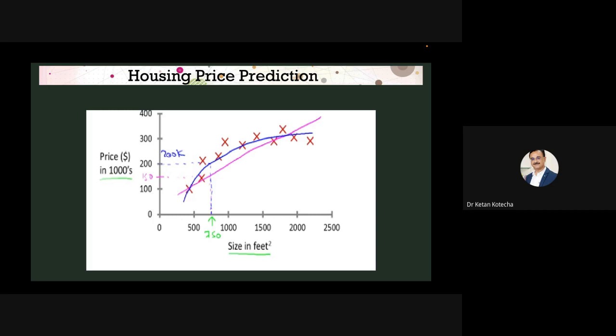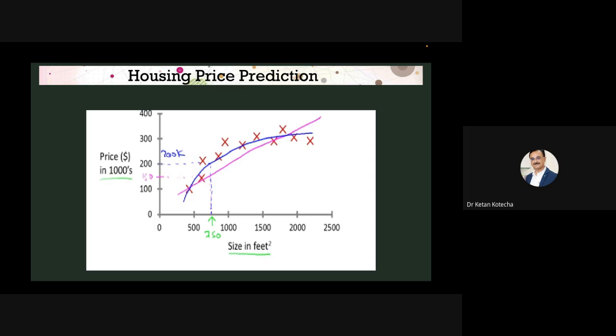Based on the selling in a particular area, in a particular country, these red cross marks are given to you. So these are the actual data points, that for 500 square feet, maybe 100 US dollars was the selling price. Likewise, 10, 11 points are given to you.